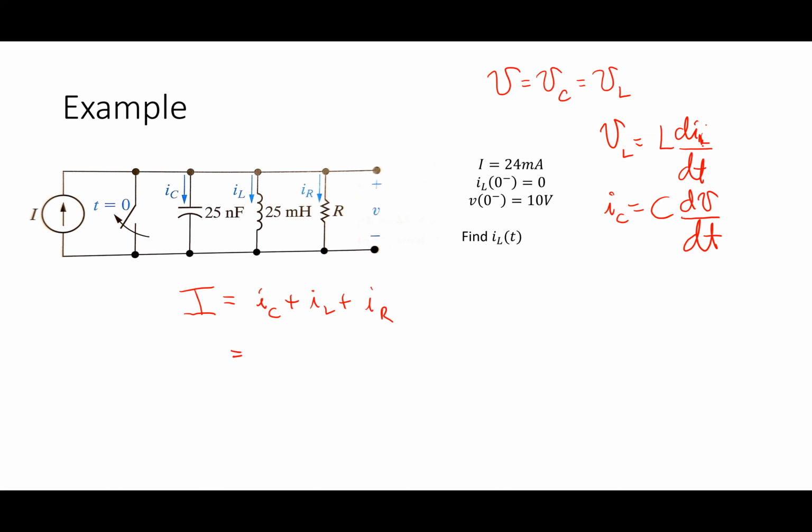I think that depends on if there are integrals after we plug everything in, and we haven't plugged anything in yet. So we could plug in C dV/dt for IC, and then plug in VC over R for IR. I thought we wanted it in terms of IL. Yep, we do want it in terms of IL. You could divide the C over and then multiply over dt, and then do the integral, and then you have a representation of VC in terms of IC.